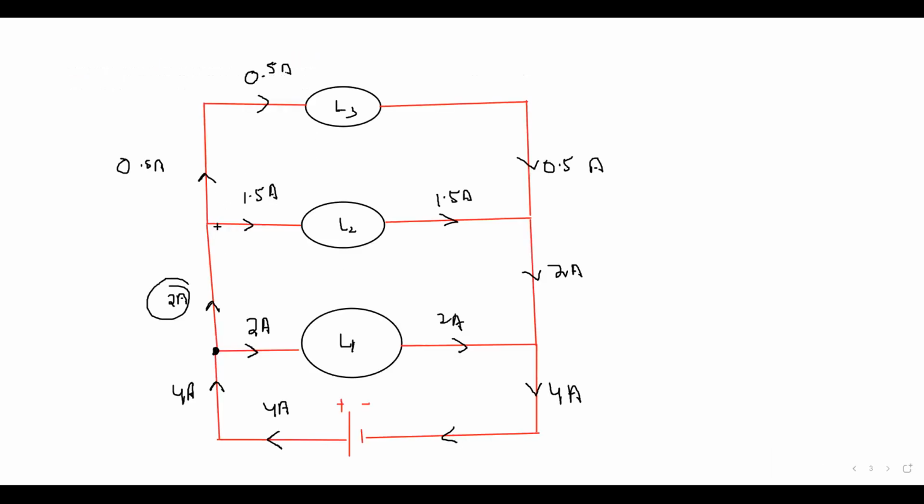Why is the last one divided into 1.5 and 0.5? Why not 1 and 1? Because I consider these lamps are not identical. I consider these lamps are different. If lamps are different, they have different properties, they have different resistance. That's why the current will divide unequally.